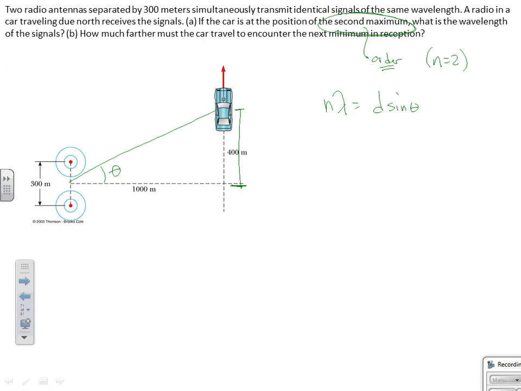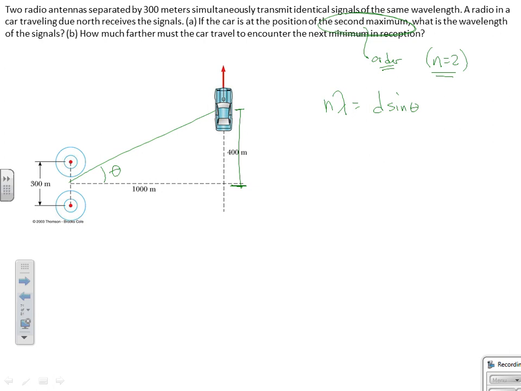Right? This is really saying that n lambda is delta. The path length difference has to be an integer number of wavelengths. Well, how many wavelengths in this case? If it's a second order maximum, it's 2 wavelengths.